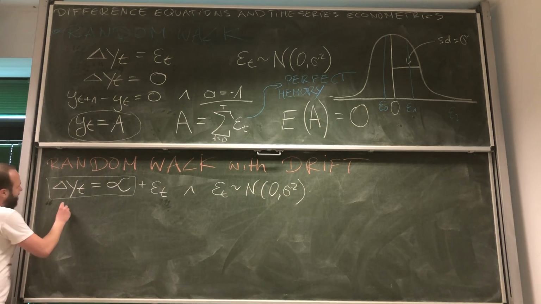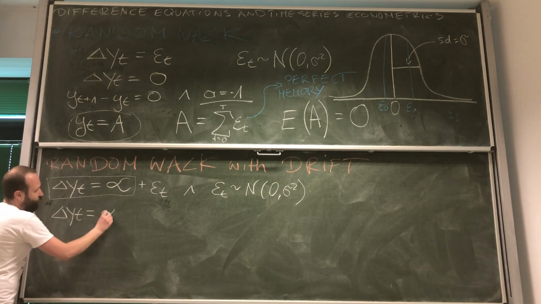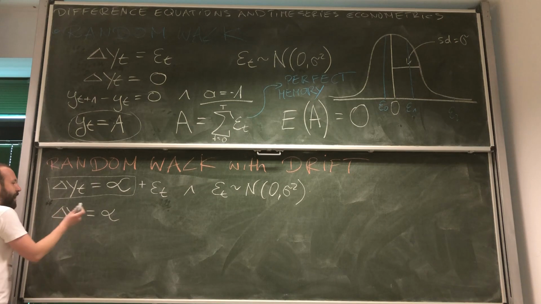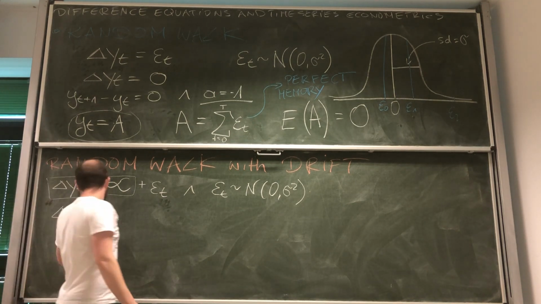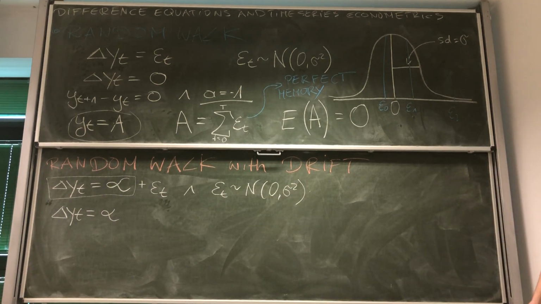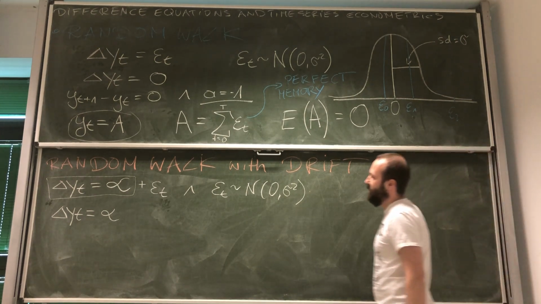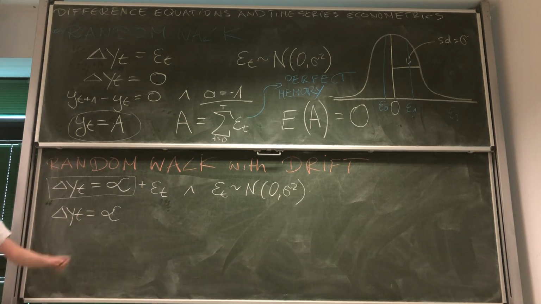Okay, now, if our difference equation would look like this, how do we read this expression? It generally says that each one period y increases exactly by alpha.